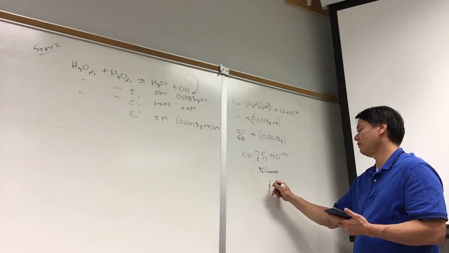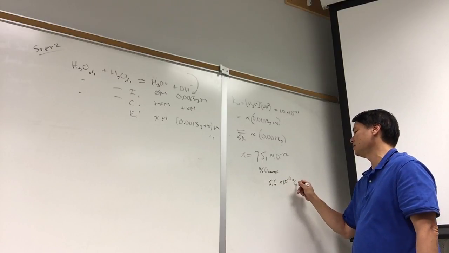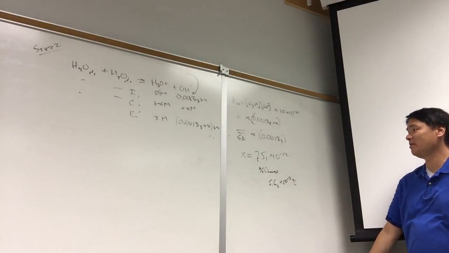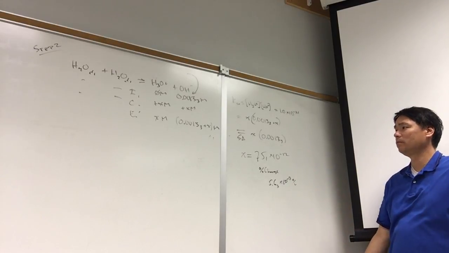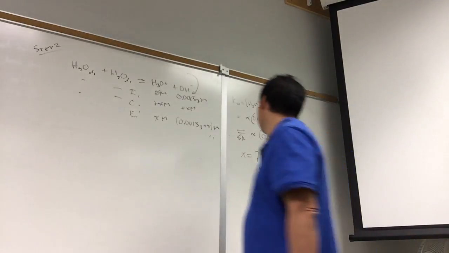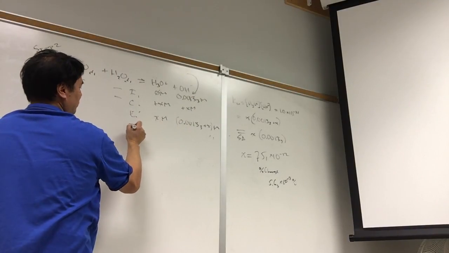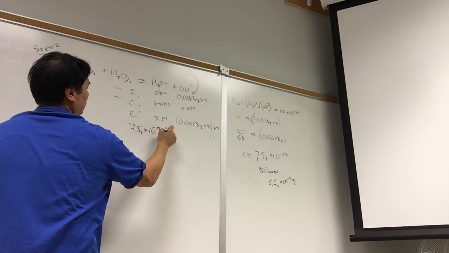It's like a 5.6 times 10 to the minus 7% change, which says the simplifying assumption works fabulously here. In fact, the additional x that we generate is negligible. I mean, this is 10 to the minus 12. So the hydronium over here is going to be 7.51 times 10 to the minus 12 molar.